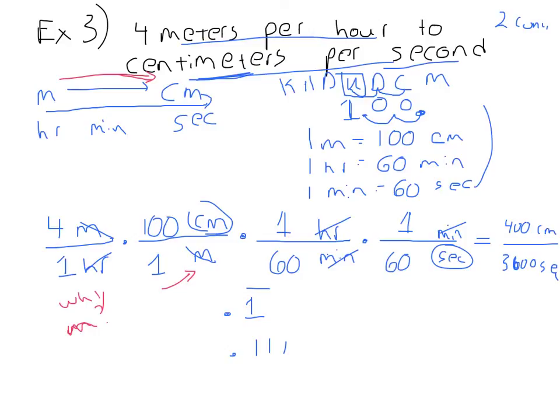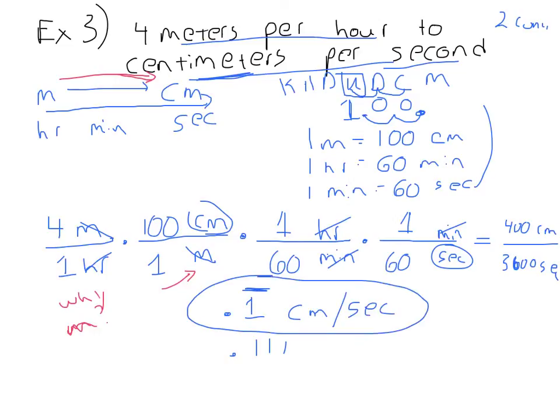If the decimal goes on and on, sometimes we need to round just to make sure that we can understand the answer. But if it's 0.1 repeating, keep the exact answer. There's no need to round that. So 0.1 repeating, bar above it, centimeters per second would be your final answer.